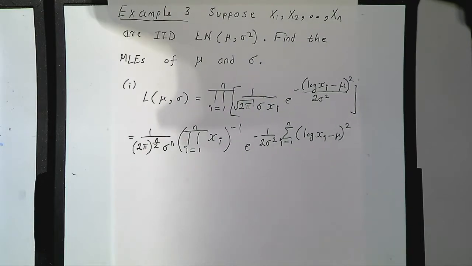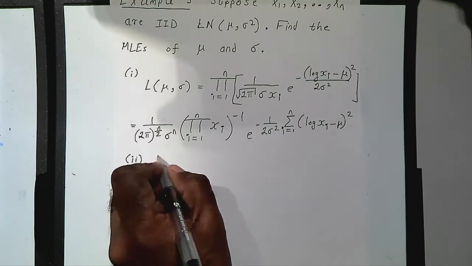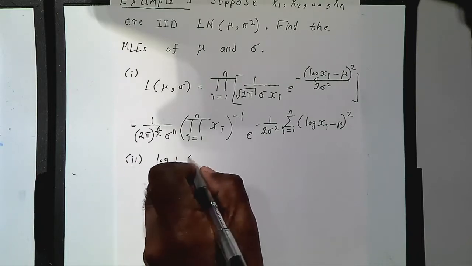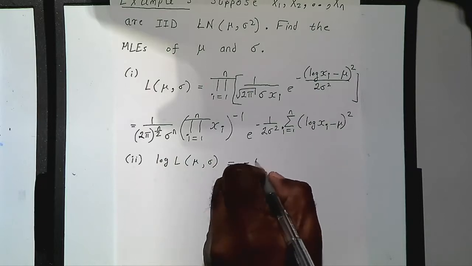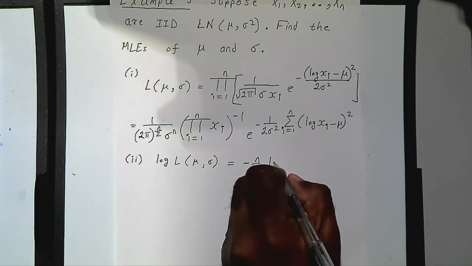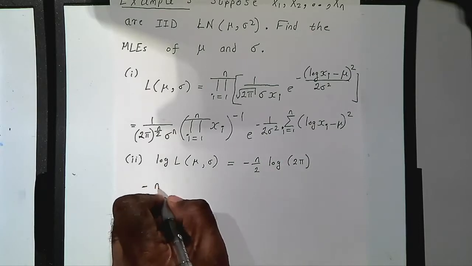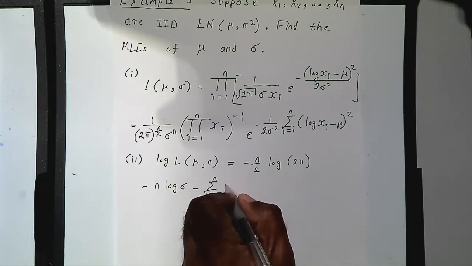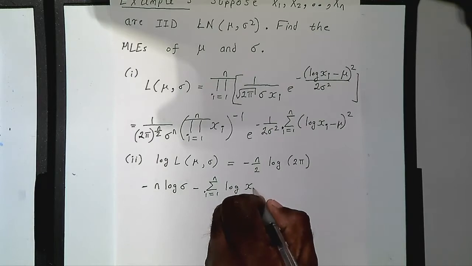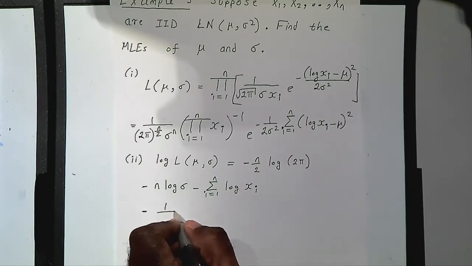Okay. So, but then you take the log of the likelihood, right? So when you take the log, this is what you get.